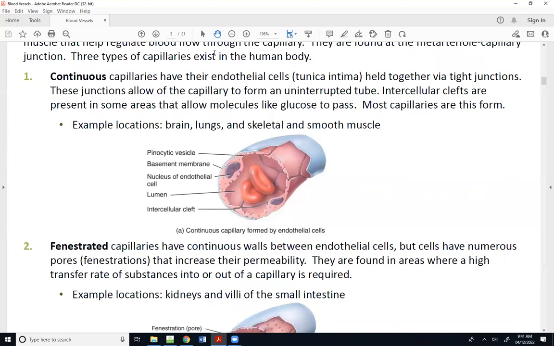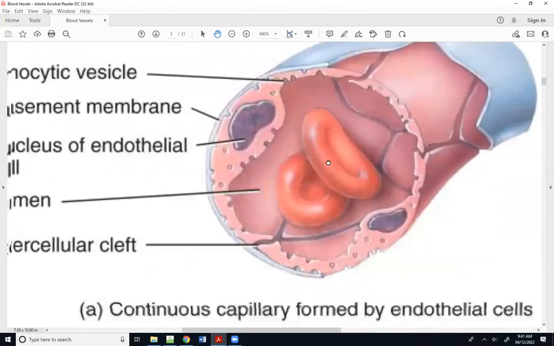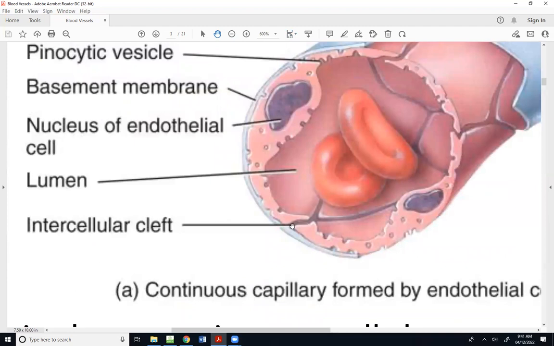So think of these like the pipes that are in your house that hopefully aren't leaking and allowing water to flow in and out. What they will have though, and if I zoom in really far here, are the little tiny crevices where two cells meet. We call these intercellular clefts.